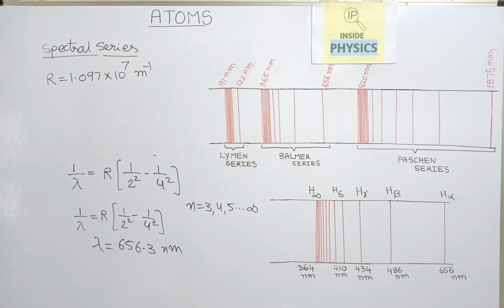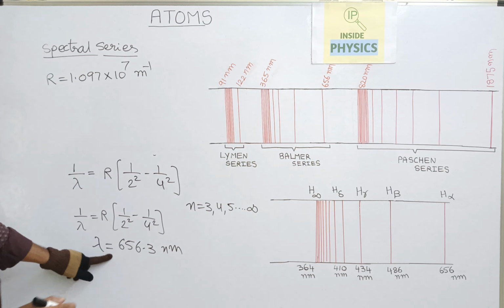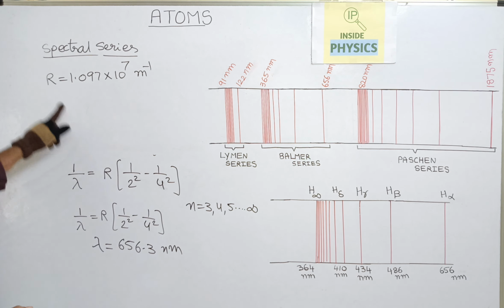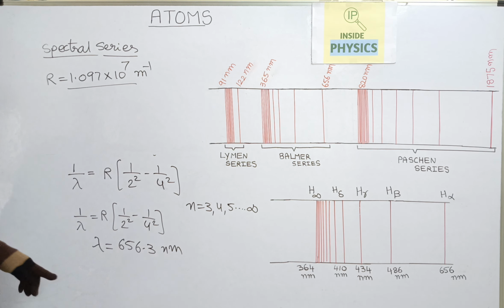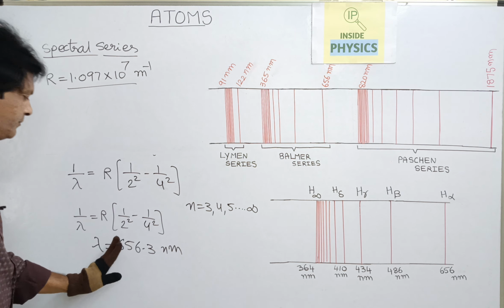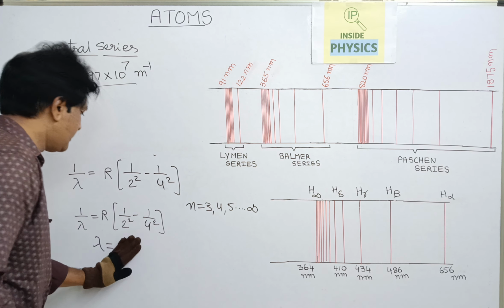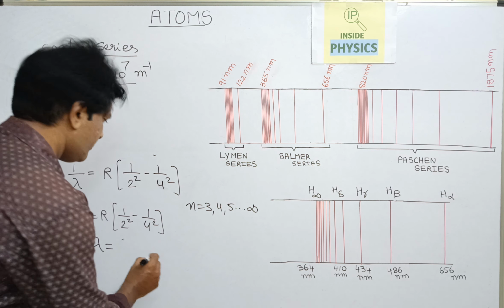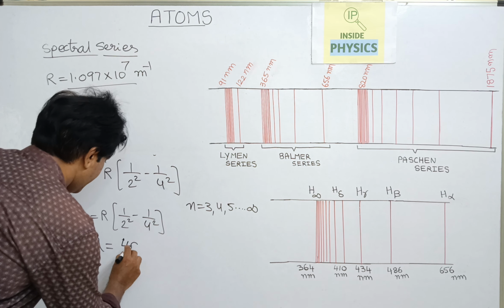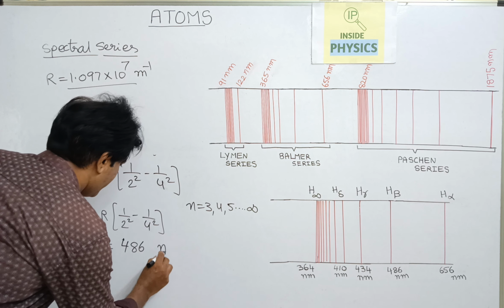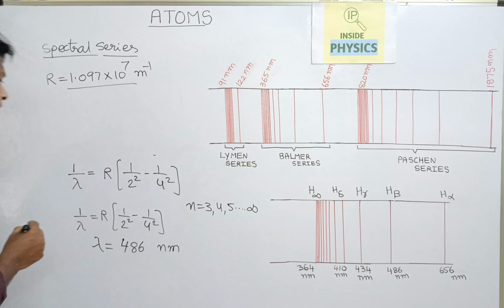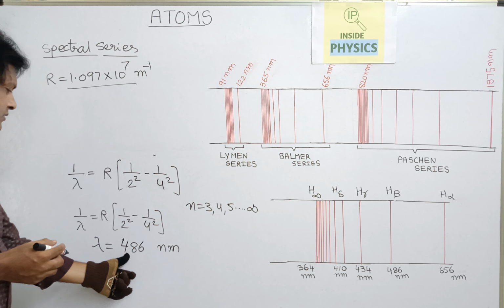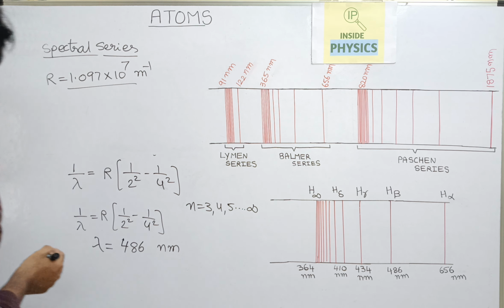If you calculate this by replacing the Rydberg constant, the wavelength of this line will be around 486 nanometers.